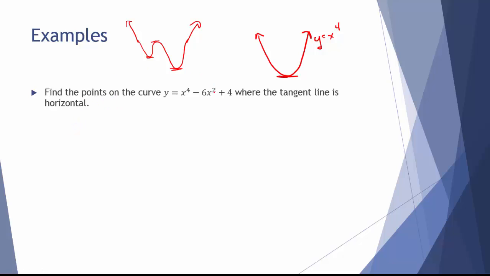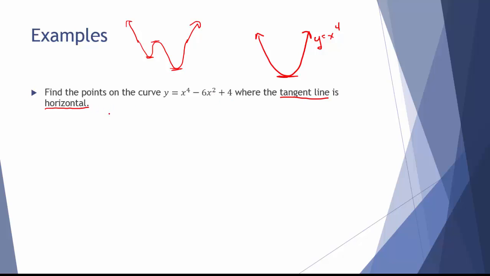So we're looking for where the tangent line is horizontal. Well, remember, when you're talking about derivatives, derivatives are the slope of the tangent line. Well, the slope of these tangent lines when they're horizontal is equal to what? Horizontal lines have slopes of 0.